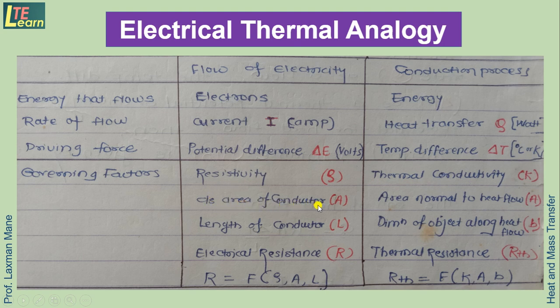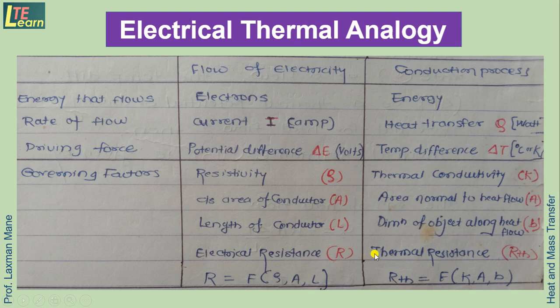Cross-sectional area of conductor is taken here as A, whereas in thermal system it is taken as the area normal to heat flow. In electrical, length of conductor is taken as L, while in thermal system it is considered as the dimension of object along the heat flow, denoted by letter B. In electrical system, electrical resistance R is considered.